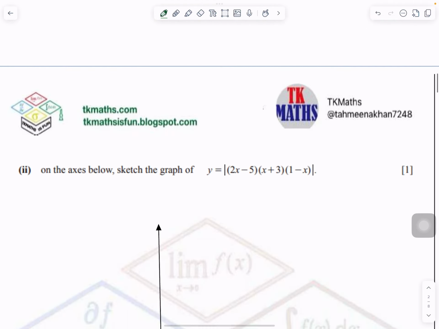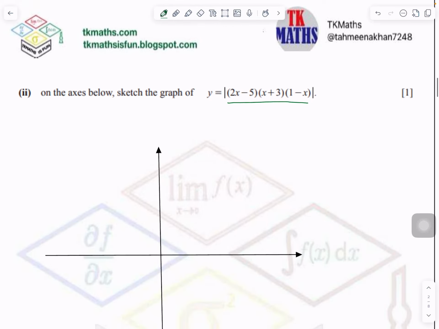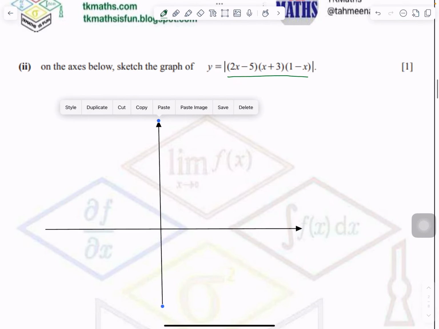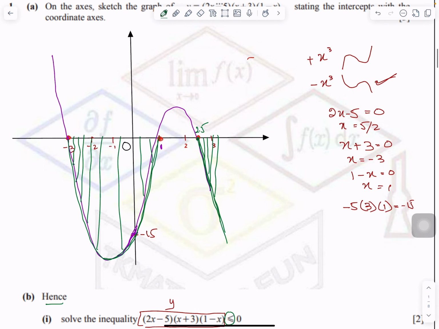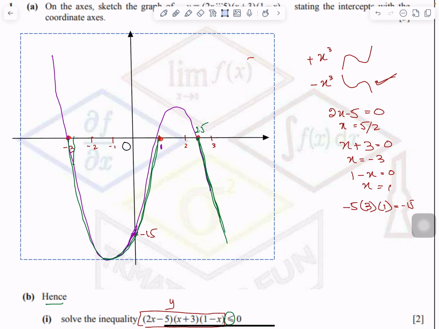On the axis below, sketch the graph of, now the same thing but in the modulus. Now what happens in the modulus, whatever the values of y are, they become positive. So let me take the graph from here. Just give me 1 second. Let me erase this part. Okay, so now what will happen, the part which is coming below the x-axis will be reflected in the x-axis.